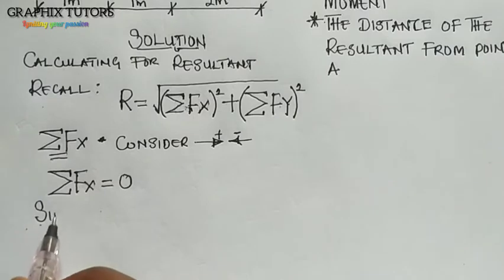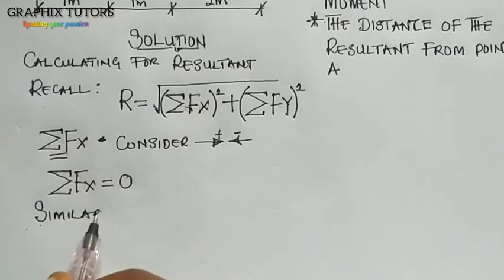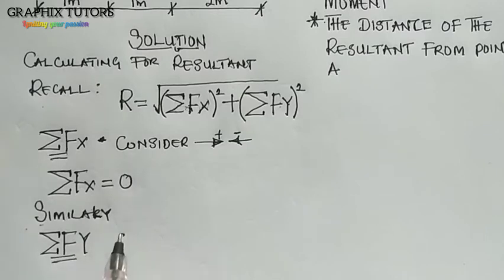Now we move forward and we're going to do that of what? Similarly, right, we'll look for the summation of F of y. Now we are going to consider upward force to be positive, and downward force to be negative.